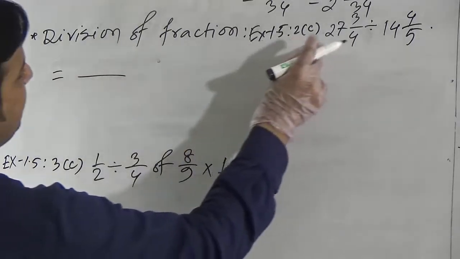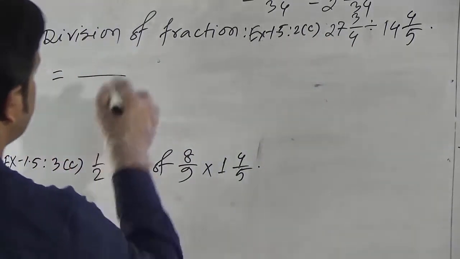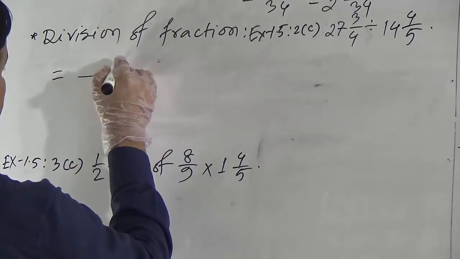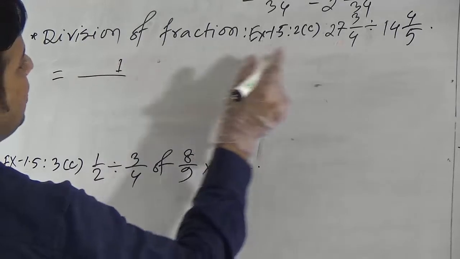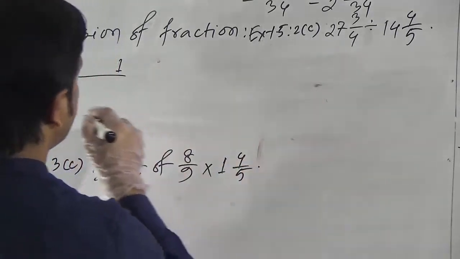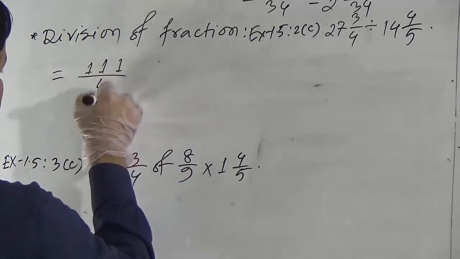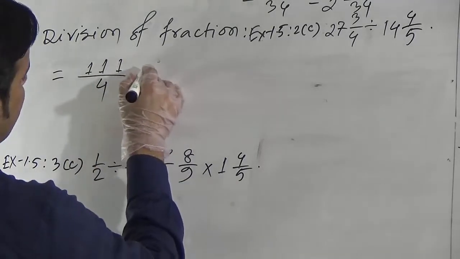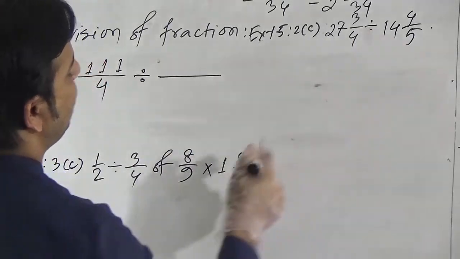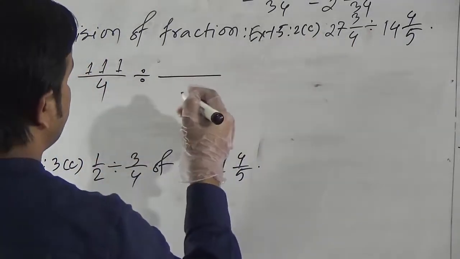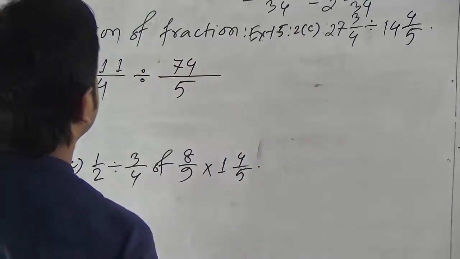Now we have to multiply this by 4. 4 sevens are 28 and 3, that is 31. Now we can say 4 twos are 8 and 3, 11. So the denominator remains the same. Here is the division sign. Now this fraction, 14 fives are 70, and if we add 4 that will be 74, and here is 5.